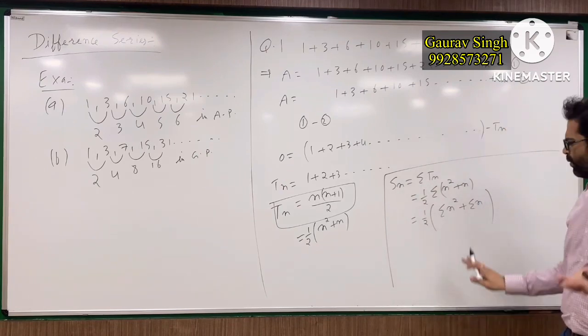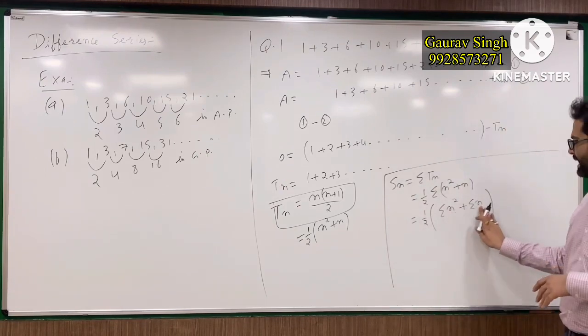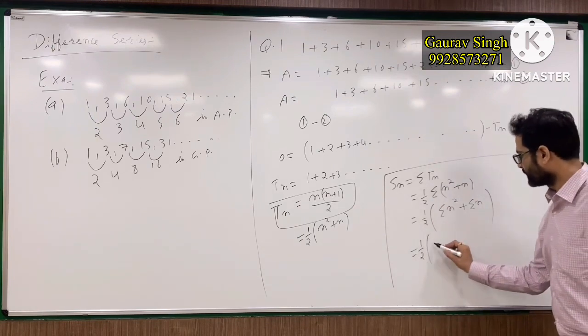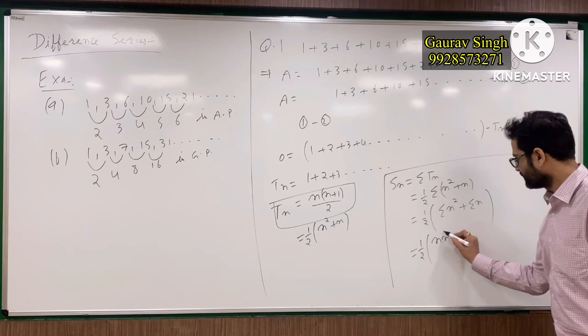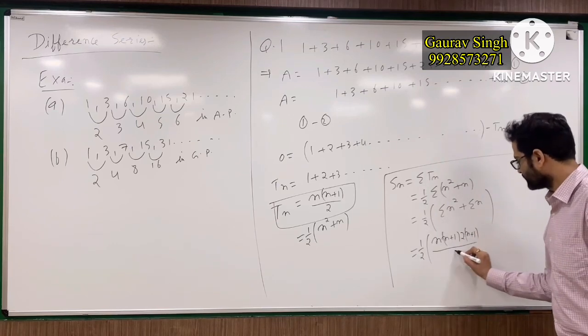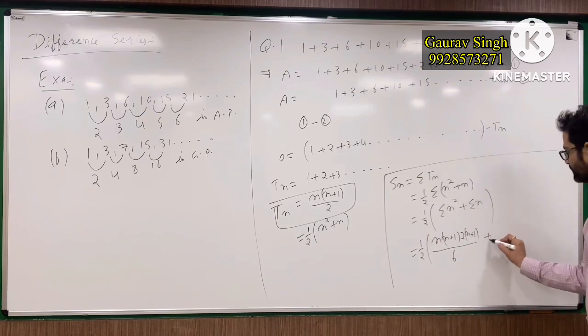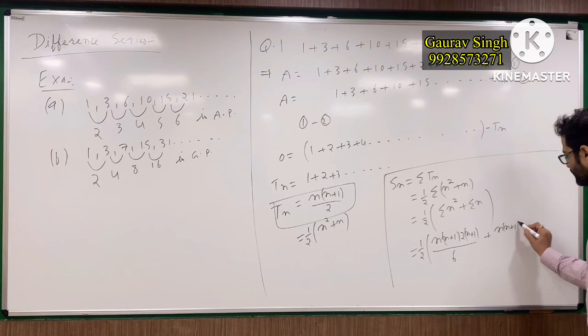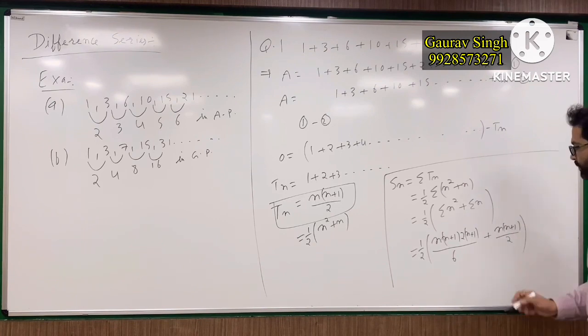We all know the formulas of summation of n square and summation of n. Then we put them in and find the answer: n into n plus 1 into 2n plus 1 upon 6, and the summation of n is n into n plus 1 upon 2. Okay.